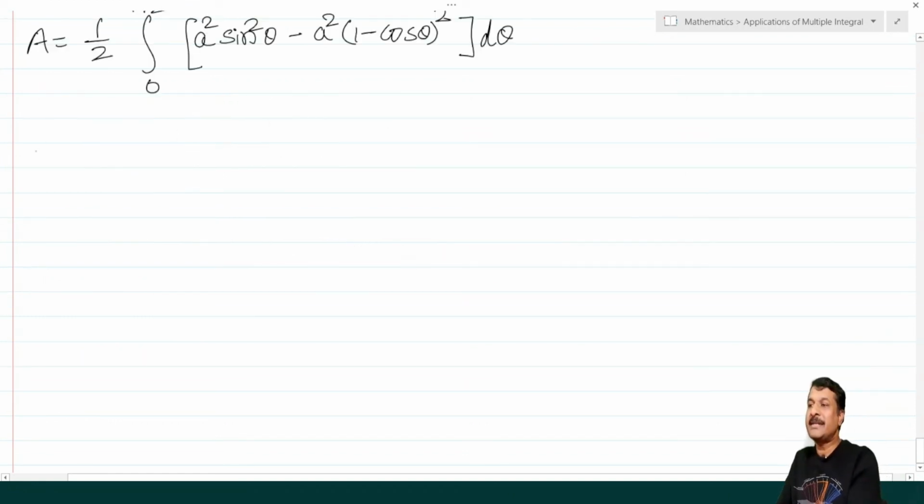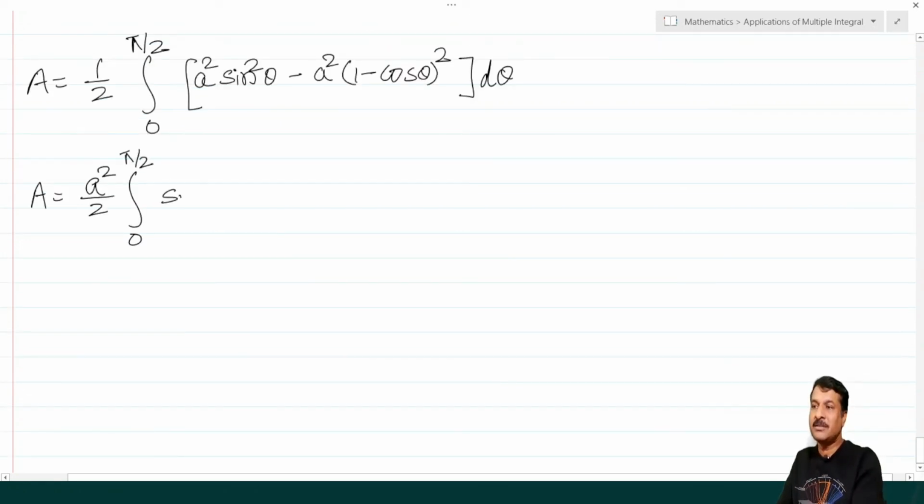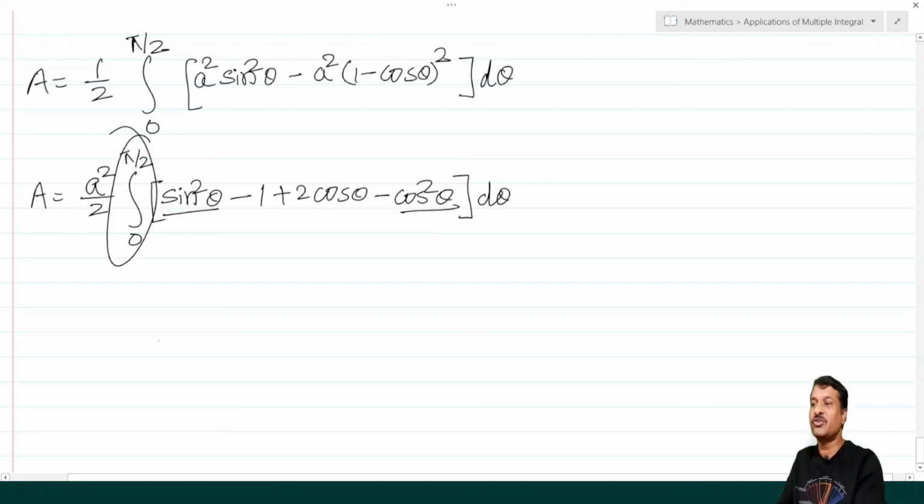So I am getting area equal to a square by 2 integration 0 to pi by 2, sine square theta and square of it. It is 1 minus 2 cos theta plus cos square theta, and outside minus sign. So minus 1 plus 2 cos theta minus cos square theta d theta. Note that for sine square theta and cos square theta, here limits are 0 to pi by 2, and therefore directly we can use the reduction formula and do the remaining integration.